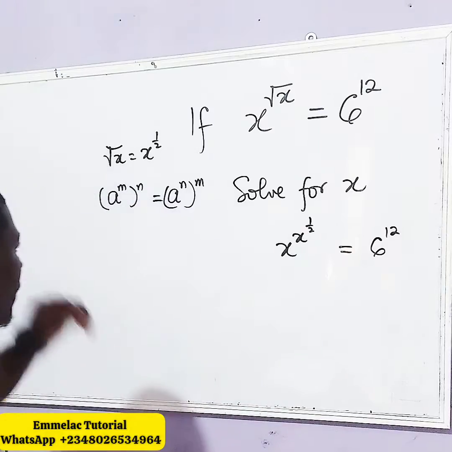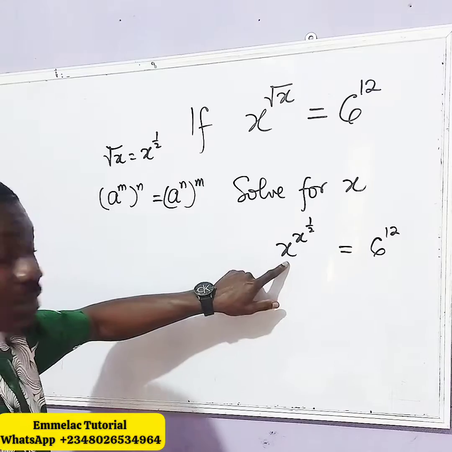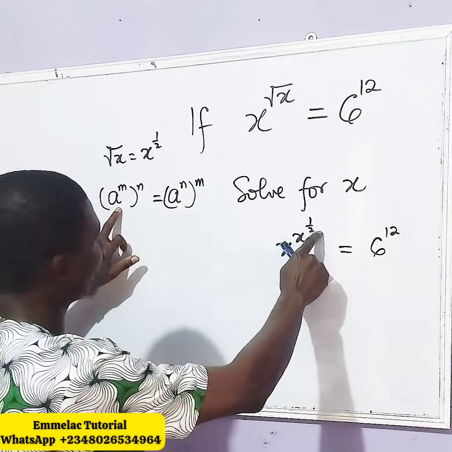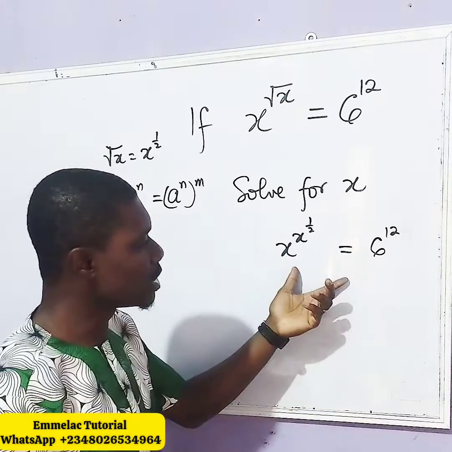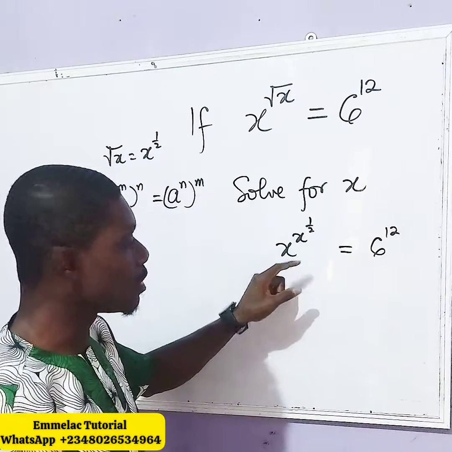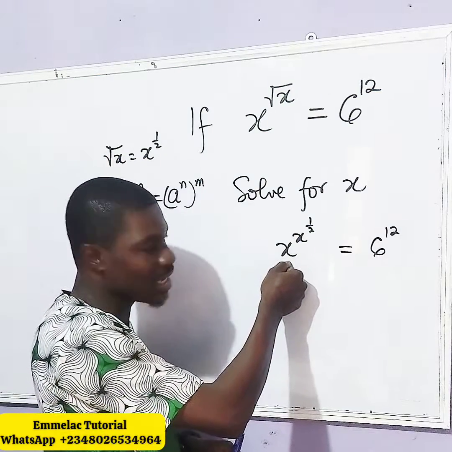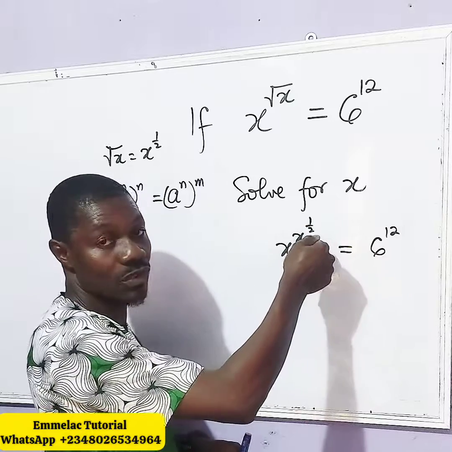Now from this rule, let's make x our a, and x raised to 1 over 2 our m. First of all, I want to ensure that I have the same base as that of the exponent, and our exponent here is x raised to 1 over 2.